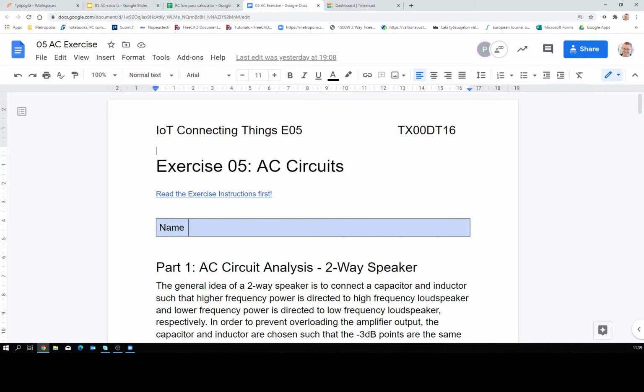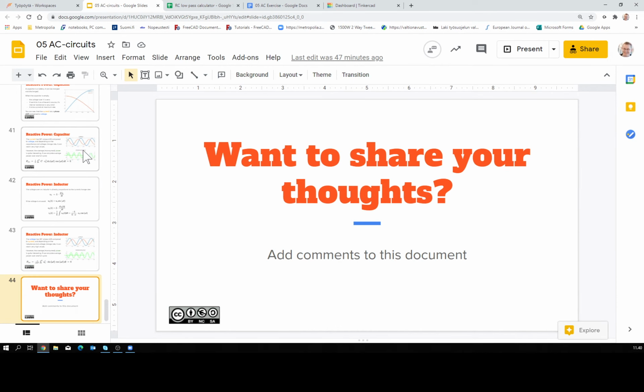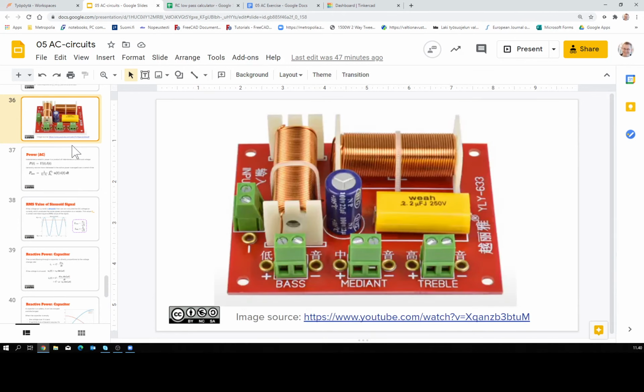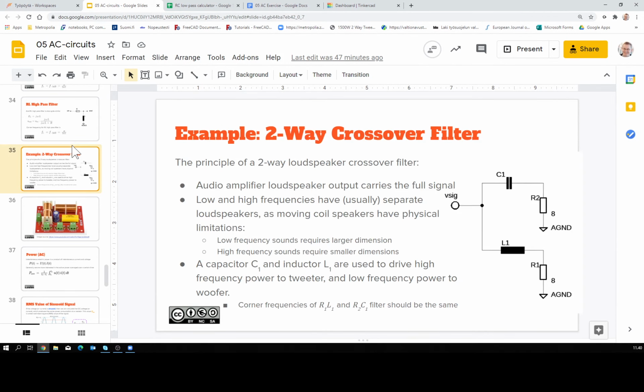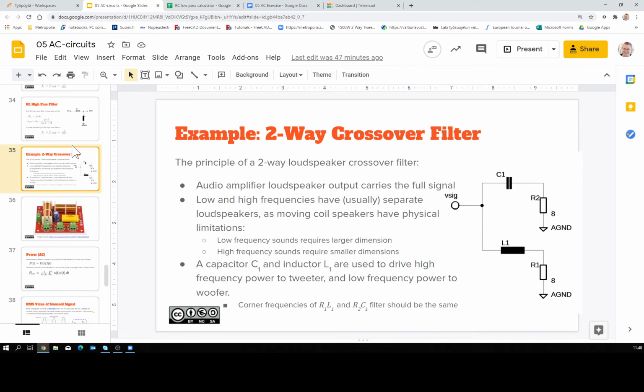And the first part is the circuit analysis of the two-way speaker, which I had on my slides. There I have this two-way crossover filter, and I also changed the corner frequencies already in the material. So now they are correct.